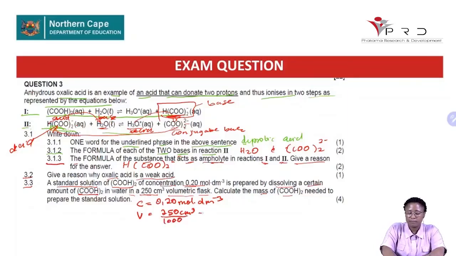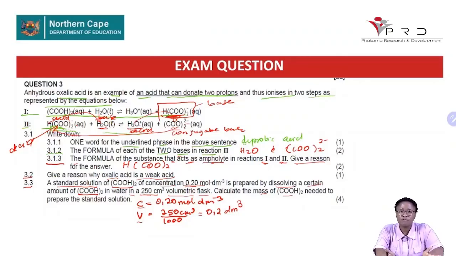When you divide that by 1,000, you should get the volume as 0.25 dm³. You got it correct? 0.25 dm³ is the correct answer. Now that I have the concentration and the volume, I can calculate the number of moles. That is one of the tips that I gave you. When we are doing stoichiometric calculations, what is the first thing that you need to do? Convert to number of moles.